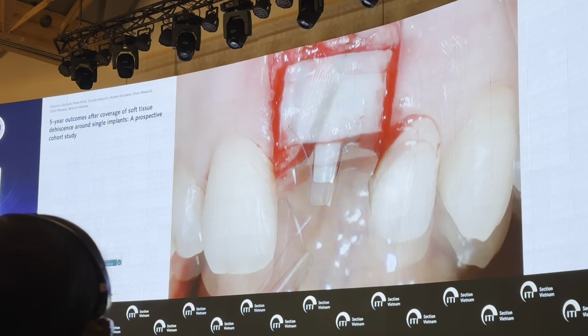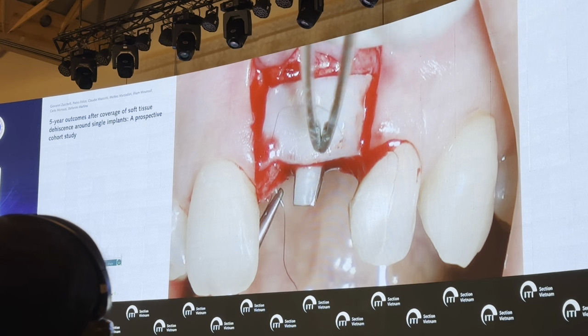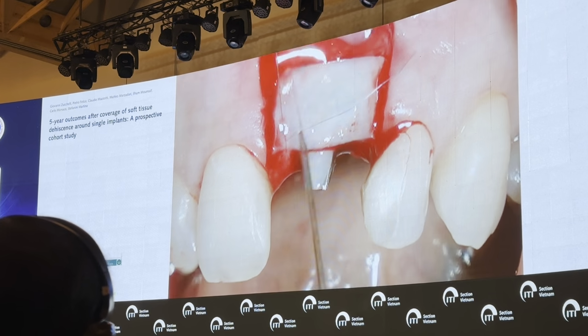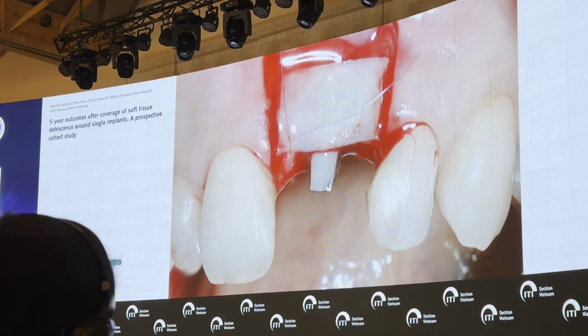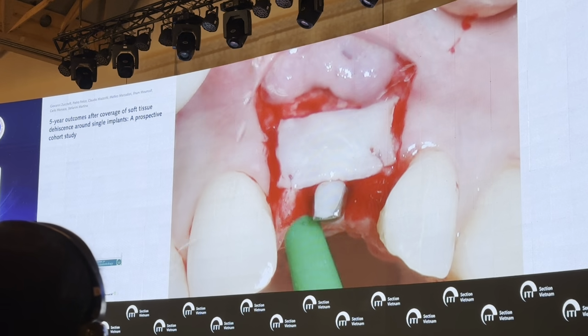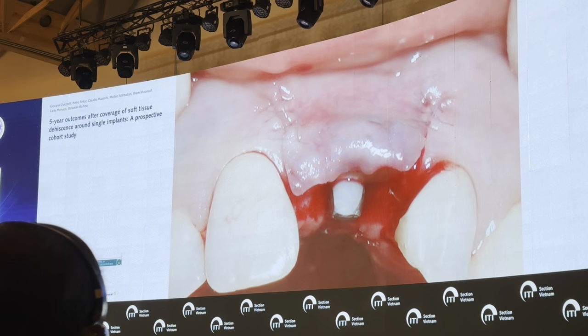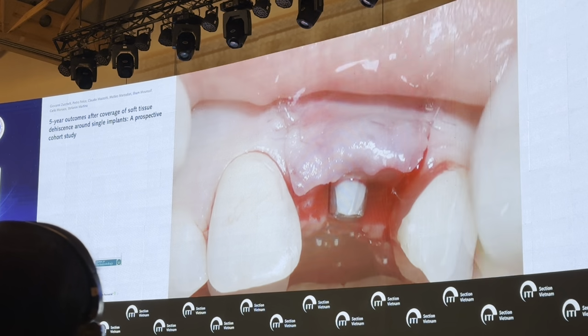And I stabilize it through this mattress suture, 1 millimeter more coronal with respect to the final position, completely within the recipient bed, using the abutment that is capable to withstand the connective tissue in that position.